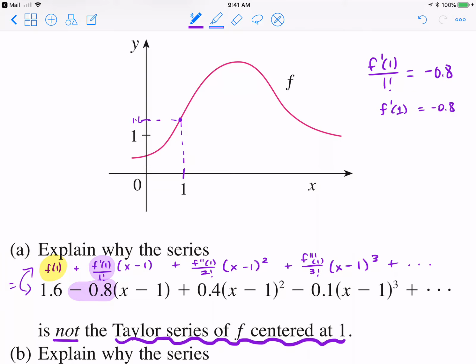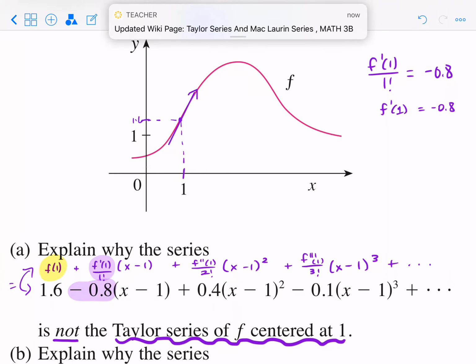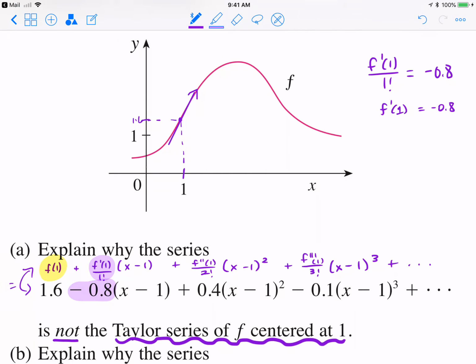No, it cannot, because our function is increasing. Since f is increasing at 1, f prime of 1 must be a positive number.